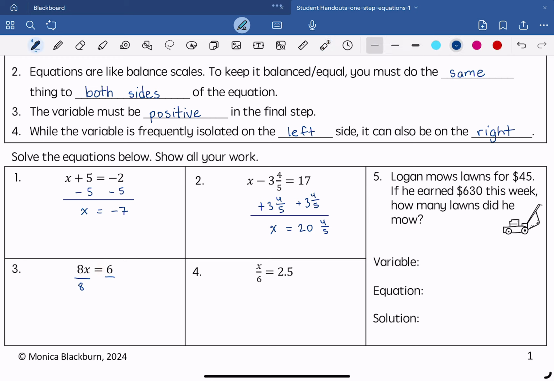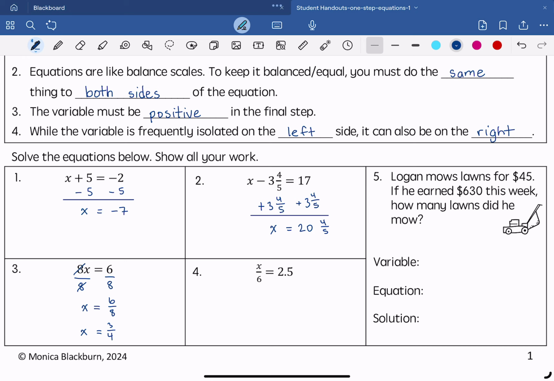So I divide the 6 by 8. 8 over 8 is equal to 1, so 1 times x, we can rewrite as x, is equal to 6 over 8. We can further simplify this fraction by dividing the numerator and denominator by 2, which is equal to 3/4.